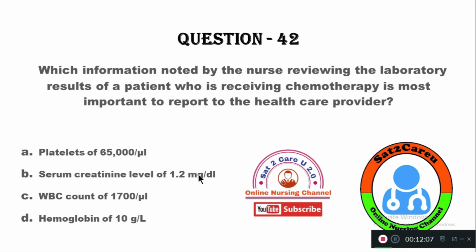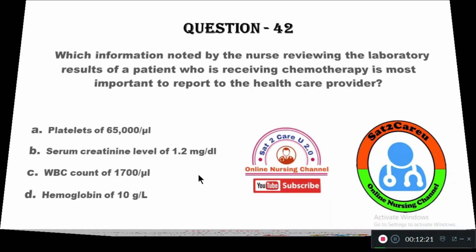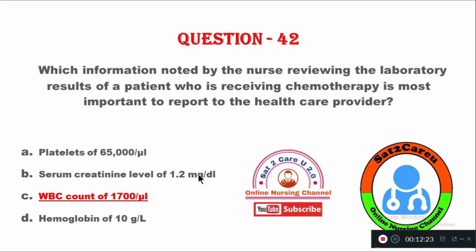Option D, hemoglobin of 10 gram per liter. In a client receiving chemotherapy, the laboratory finding that needs to be reported to the healthcare provider immediately is option C, WBC count of 1700 per microliter. That is a very low WBC count.